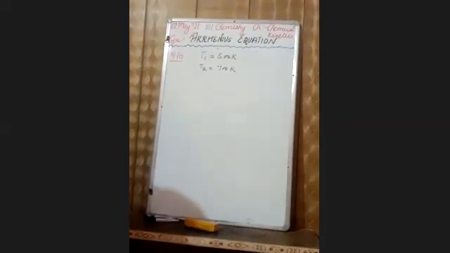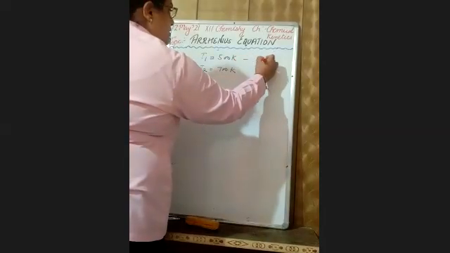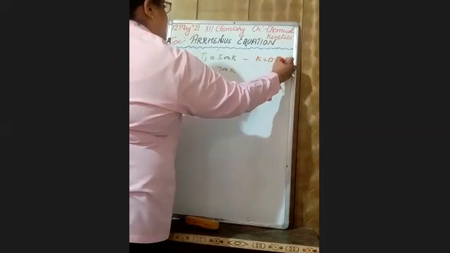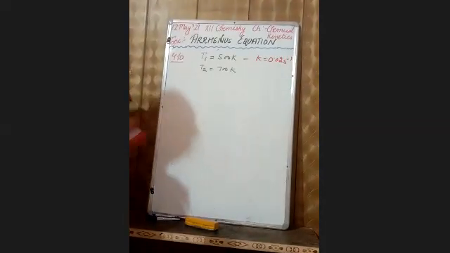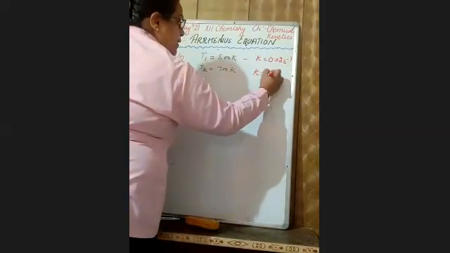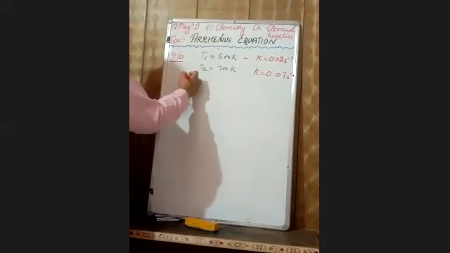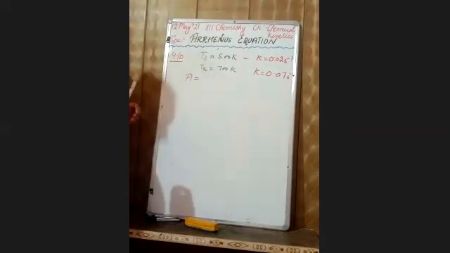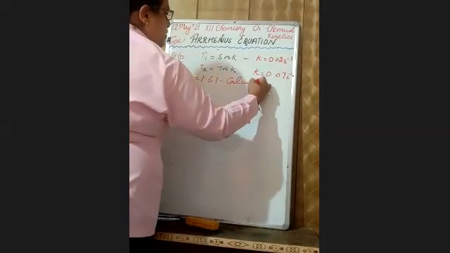The rate constants are 0.02 per second, which means first order kinetics, and 0.07 per second. And the Arrhenius constant for this reaction is 1.61. You have to calculate activation energy.